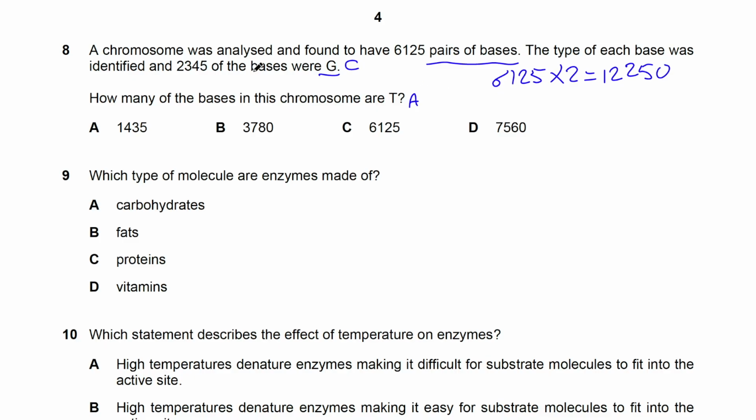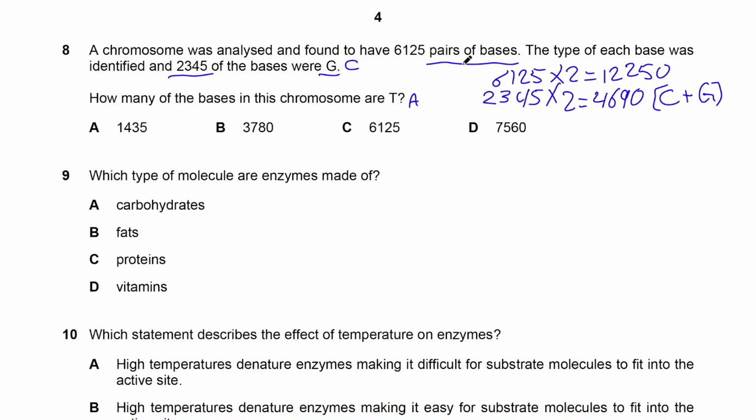Now, knowing that guanine has the same number as cytosine, I will multiply this number of bases by 2. So it will be 2,345 times 2 equals what? 4,690 bases of what? Cytosine and guanine.